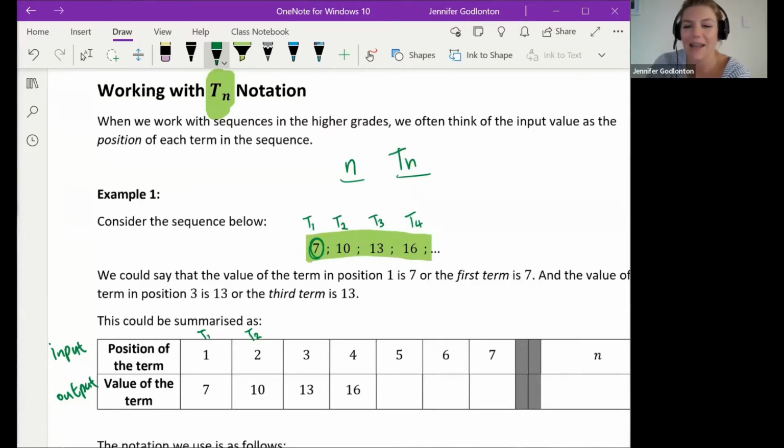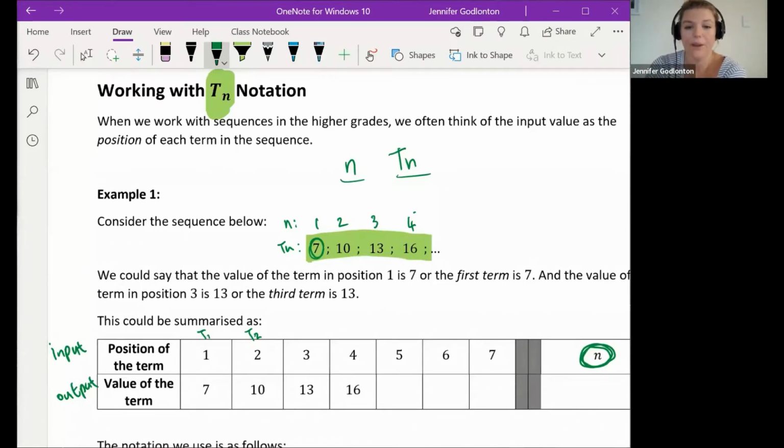Okay, n is my input. So this was your clue over here. N is your input, and Tn is going to be your output. So Tn is what you're getting. So think of it like this. Think of these being your Ns, and then think of these being your Tns. So your input is your Ns, your output is your Tn.